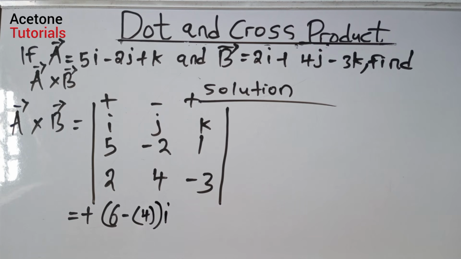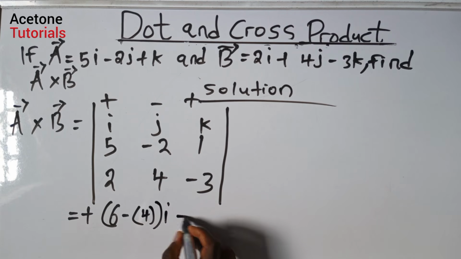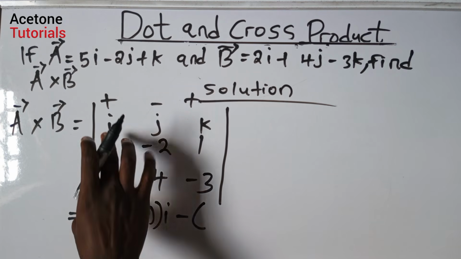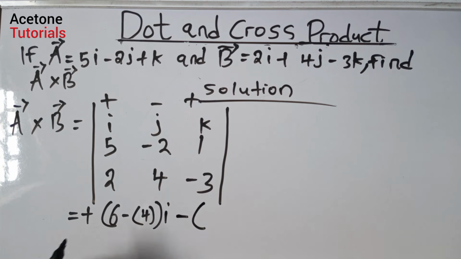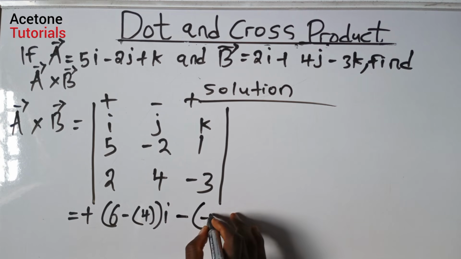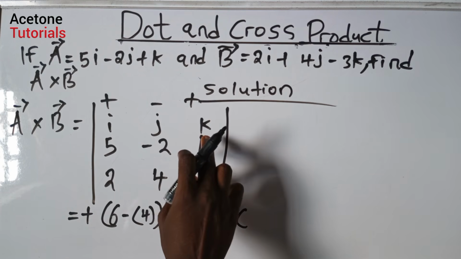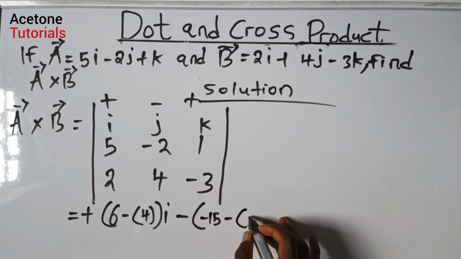I. Minus, for the J part, ignore what is under J. Then do the determinant of this and this. So 5 times minus 3 is minus 15. Minus 2 times 1 is 2.